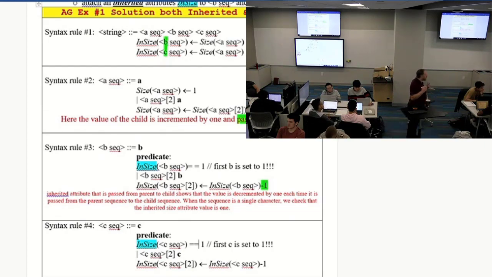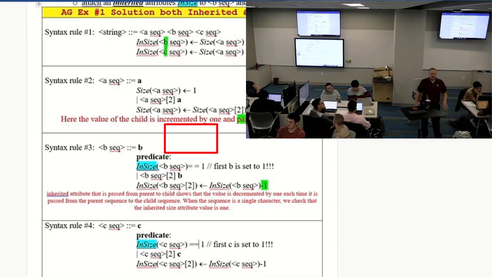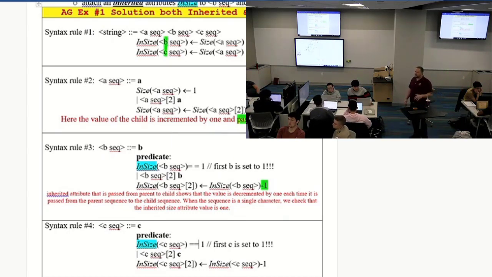How do we stop that 4th B? It's actually in that predicate that I asked you to edit a little bit. Remember where it says predicate for B, and it says inside B squared double equals 1? Notice, it's that or something else. Once I hit 1, I stop. There's no other calls. There's no other parse rules. There's nothing else.